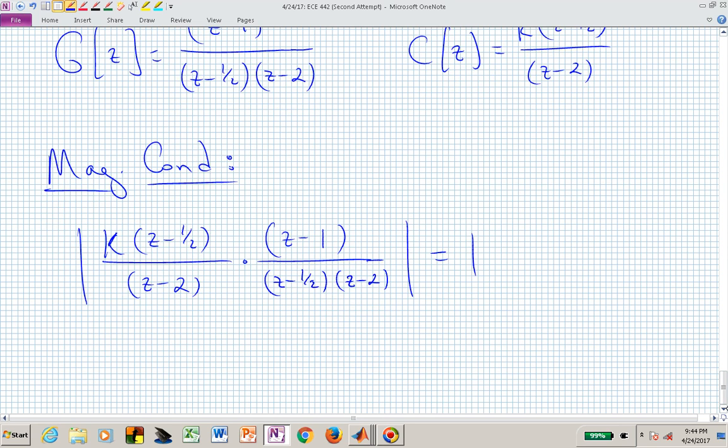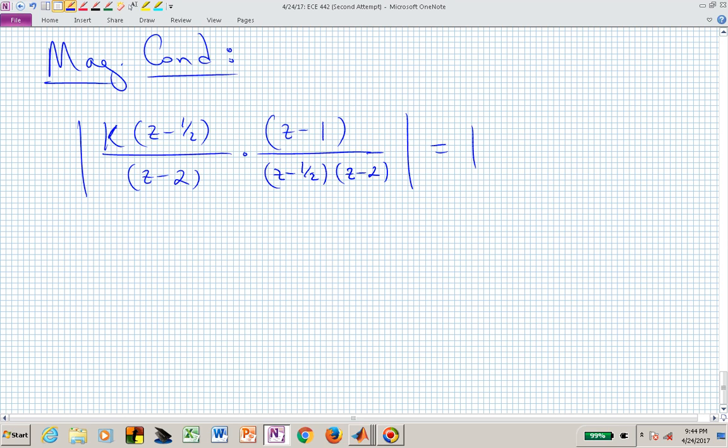We can now use that to create this expression for k, which is the magnitude expression. And in fact, we don't have to worry about those two factors. They cancel. And k now being solved for is z minus 2, two of those, over 1 z minus 1 factor.